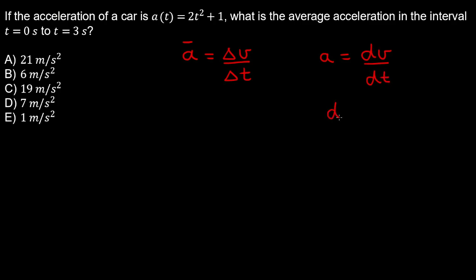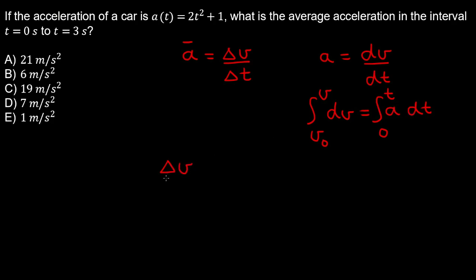So if we separate the variables and integrate both sides from some initial velocity to v and a time of t0 to t, we have delta v on the left hand side.